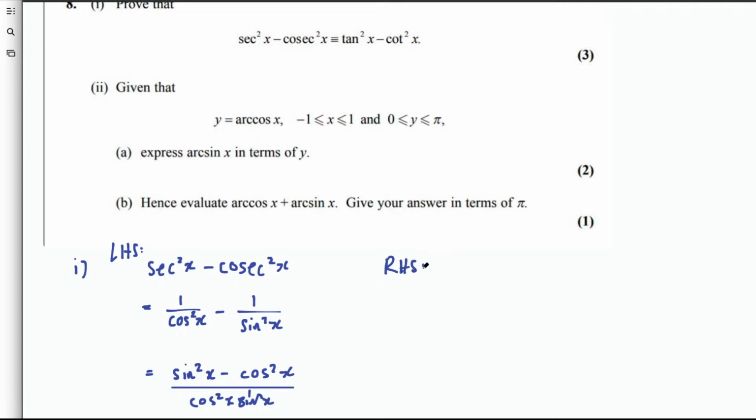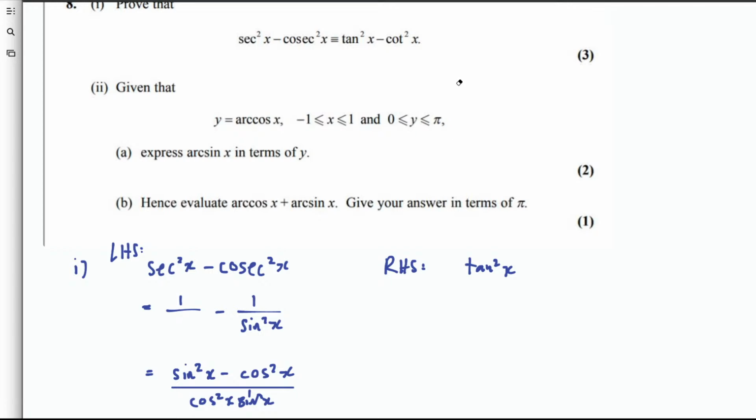Let's see, right hand side, tan squared x take cotangent squared x.